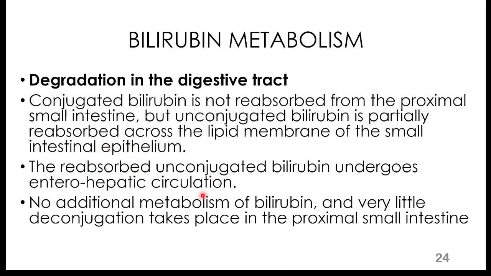What is enterohepatic circulation? Remember what the portal circulation is. When food is being digested, the nutrients that are absorbed are transported by the portal venous system from the gut to the liver.